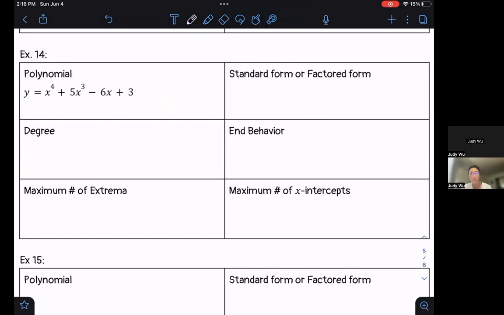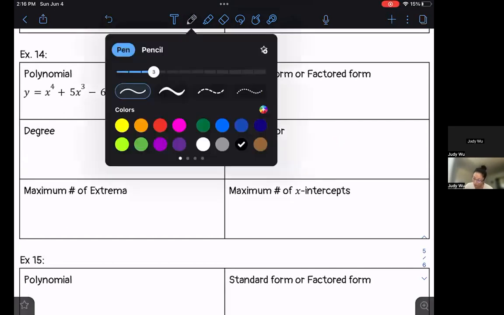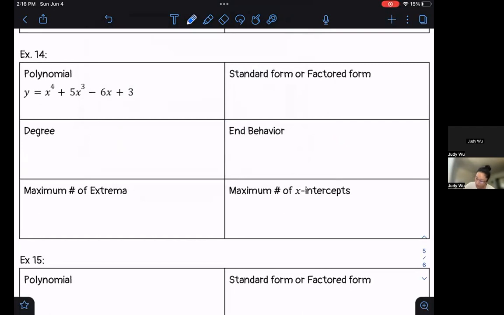All right, let's take a look at example 14 here. This time we're given a polynomial and we have to figure out all the other information. So I look at this polynomial, I notice that it is in standard form. Everything has already been FOILed out or distributed out for us. We don't need to do that. So that's when we say it's in standard form. And in standard form, we find our degree by looking at the highest power.